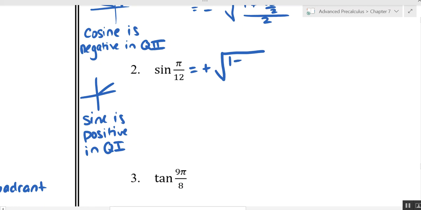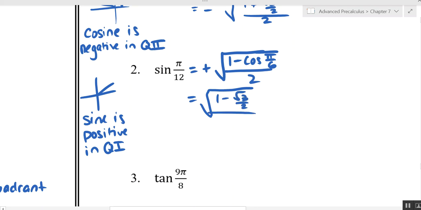So I have 1 minus the cosine of 2 times pi over 12. 2 times pi over 12 would be pi over 6. And again, that is an angle that we can evaluate because it's on our unit circle. And so we simplify. So we get the square root of 1 minus root 3 over 2 divided by 2.